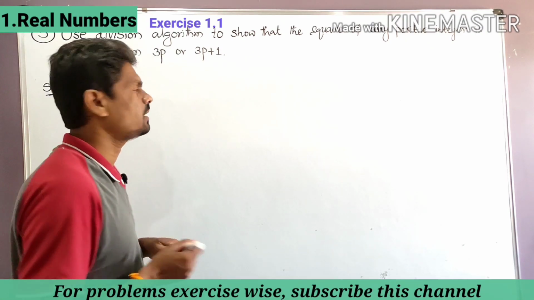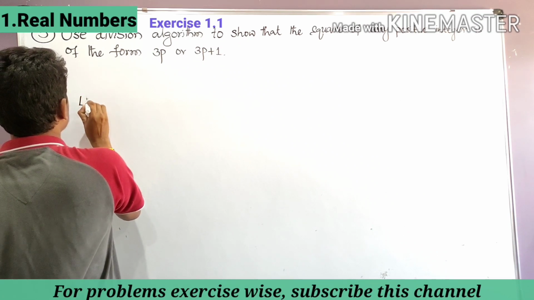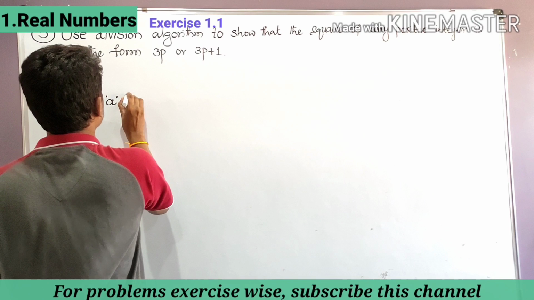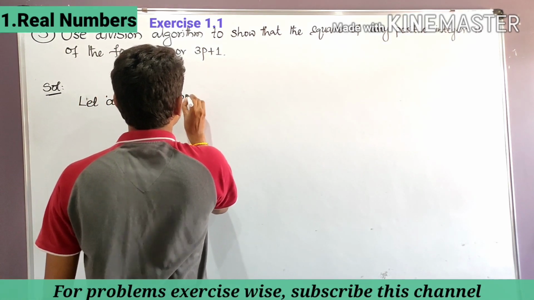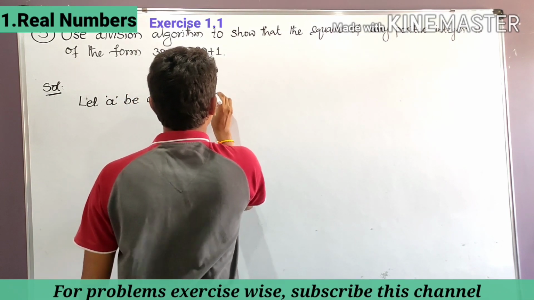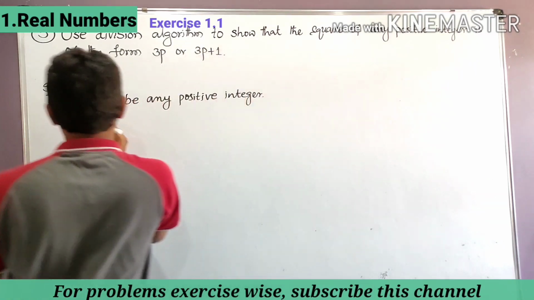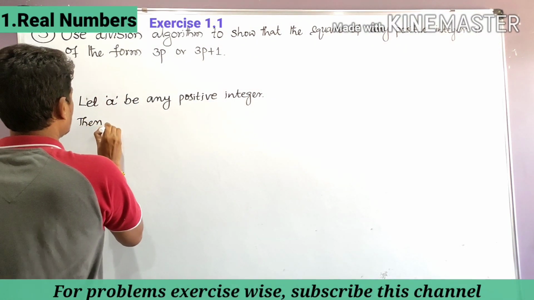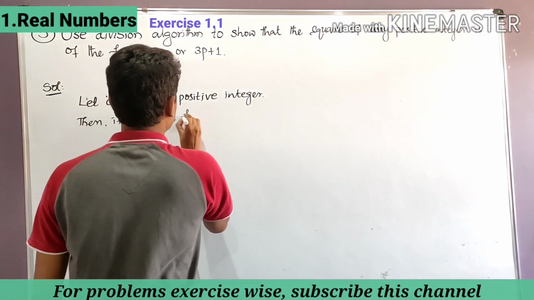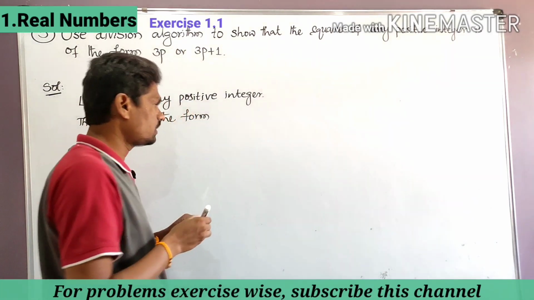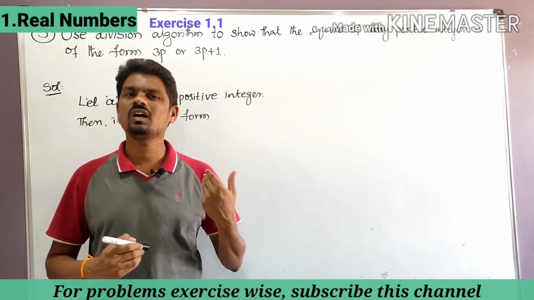So here let small a be any positive integer. Solution, student: let small a be any positive integer, then it is of the form... Already we have one statement, student: any positive integer is of the form either 3q or 3q plus 1 or 3q plus 2.